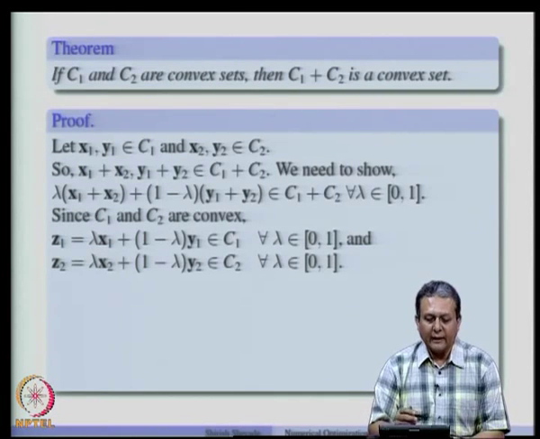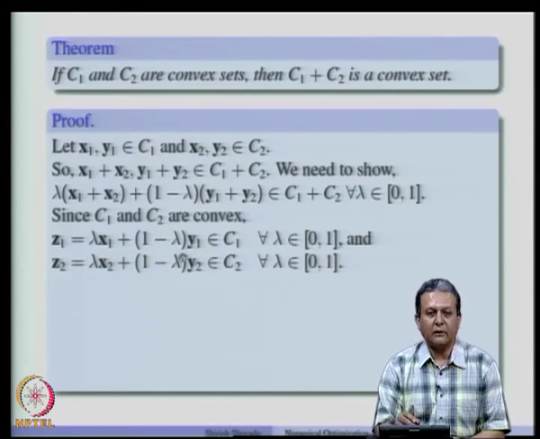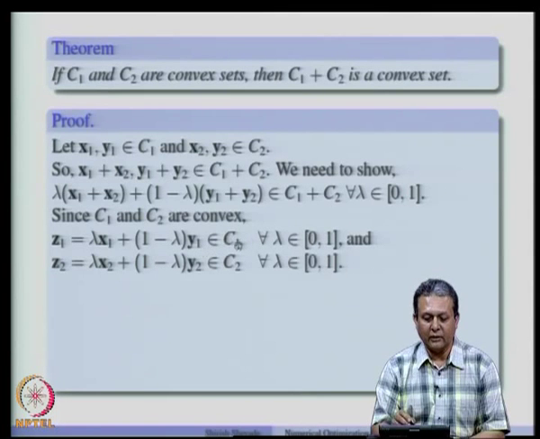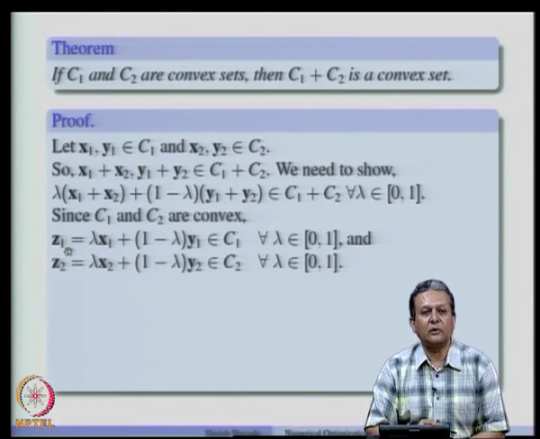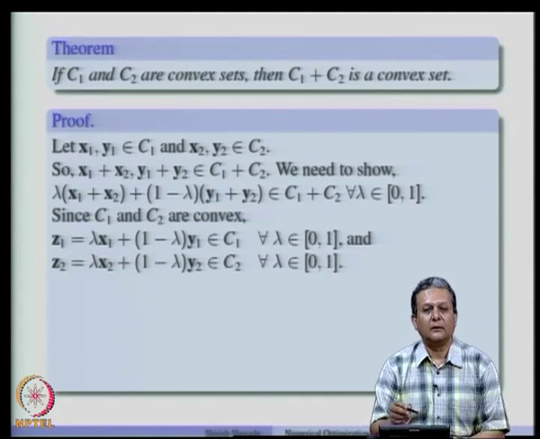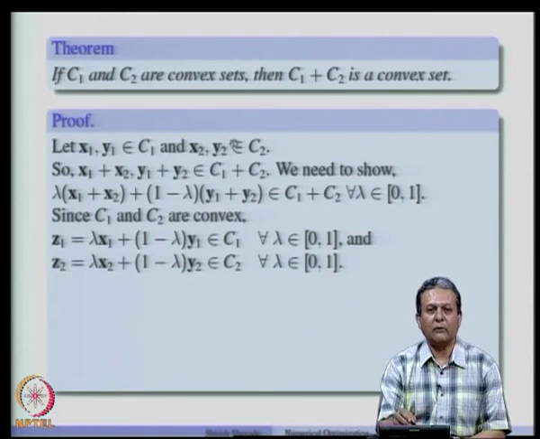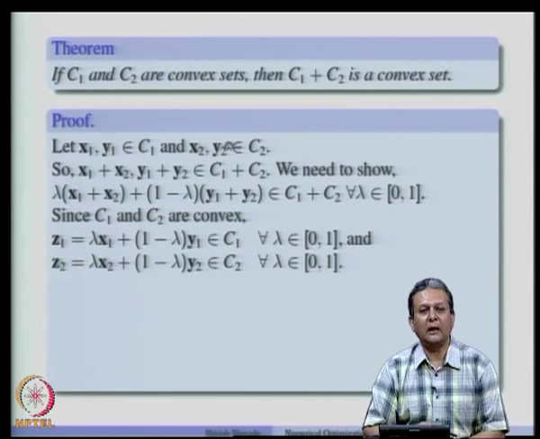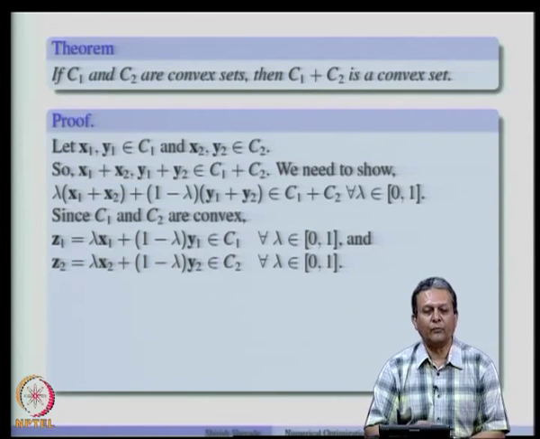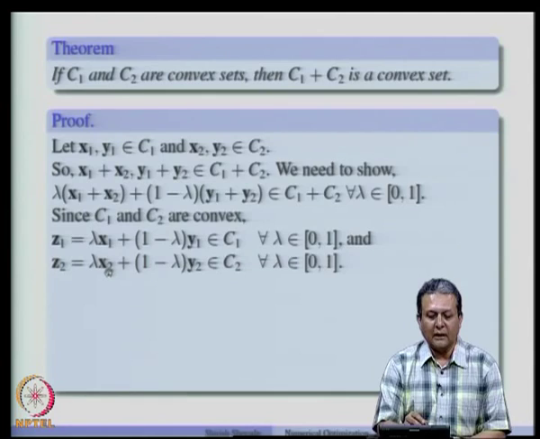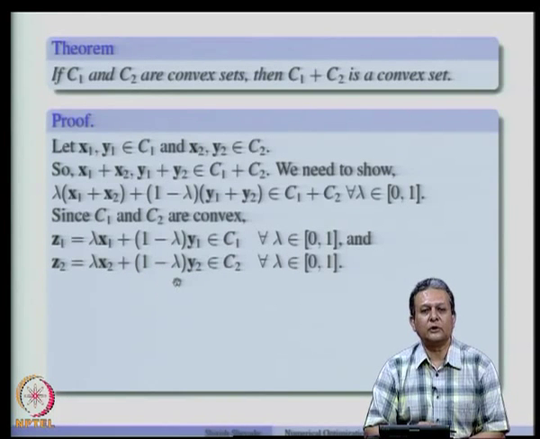So, if I take 2 vectors x1 and y1 in C1, then the line segment joining them lies in the set C1. If I write z1 to be lambda x1 plus 1 minus lambda y1, z1 clearly belongs to C1 for all lambda in the range 0 to 1. Similarly, if I take 2 vectors x2 and y2 in the set C2 and take the line segment joining them, I can write z2 to be lambda x2 plus 1 minus lambda y2, which belongs to C2 for all lambda in the range 0 to 1.